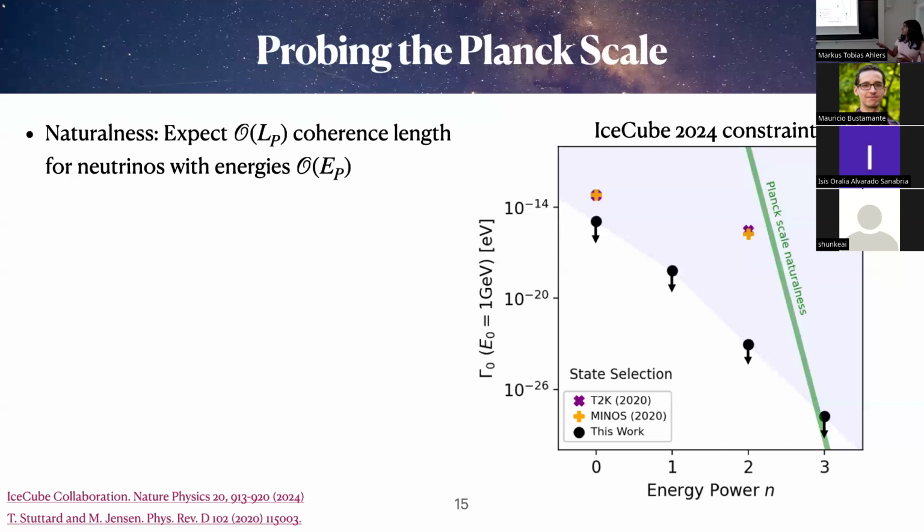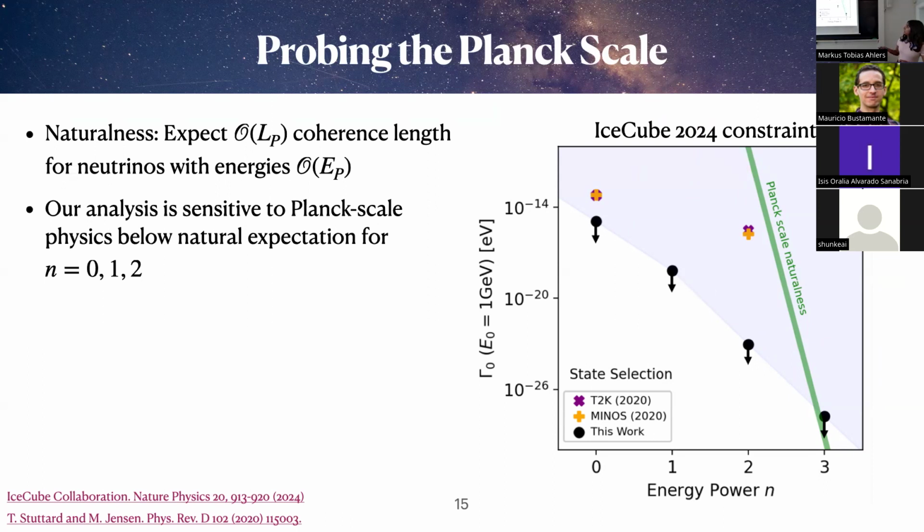So this plot over here shows the upper limit set by that prior analysis that we were looking at on the previous slide, along with this Planck scale naturalness line, which indicates the point at which we cross and we're sensitive to below this Planck scale naturalness. So we see that this analysis would be sensitive to Planck scale physics below the natural expectation for n equals 0 through 2, just as this prior analysis was.